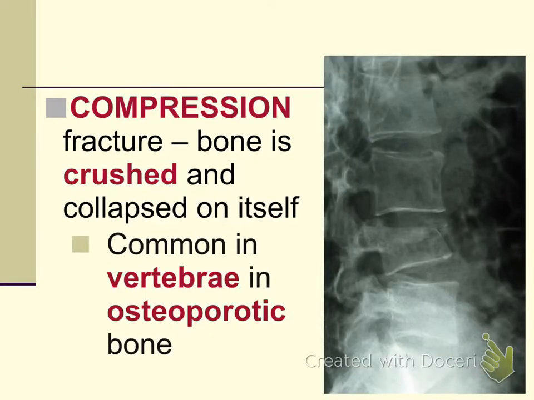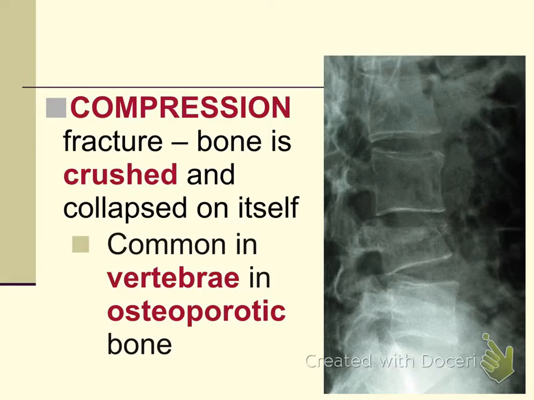A compression fracture means that the bone has been crushed, or basically think of a building where the building floors have collapsed on top of each other. That's what a compression fracture is. And it is common in the vertebrae, in the spine, and it occurs a lot in elderly patients that suffer from osteoporosis.